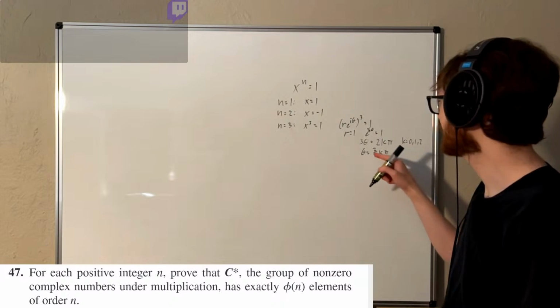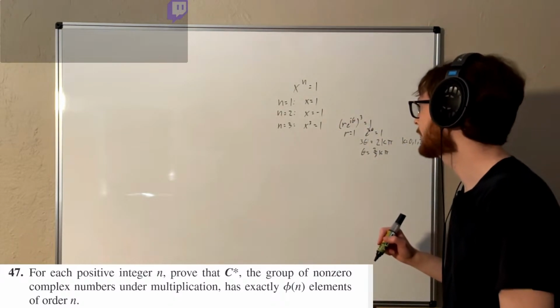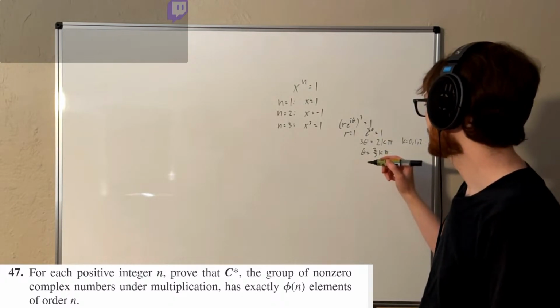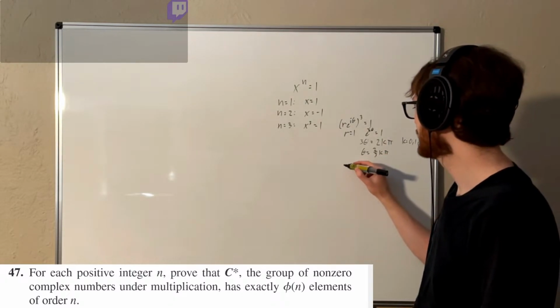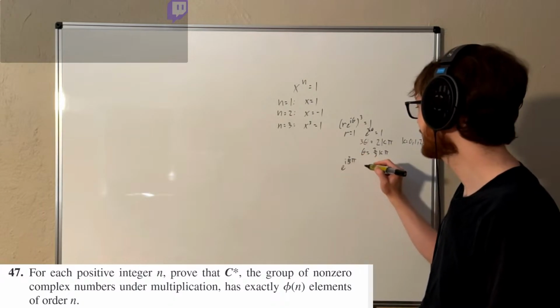If k equals 0, you get theta equals 0, and you get your real answer of 1, which we're not too interested in. If k equals 1, we get e to the i times 2/3 pi.